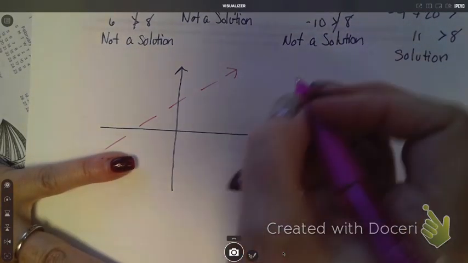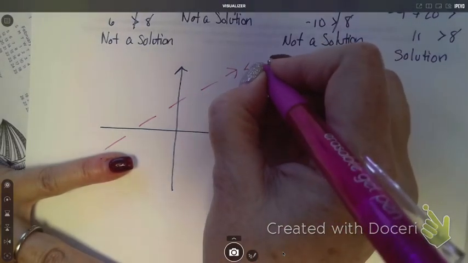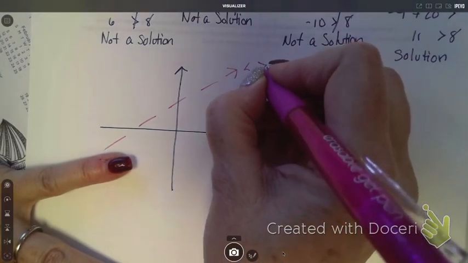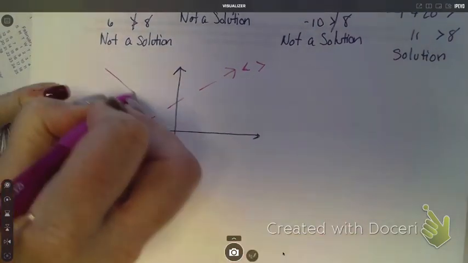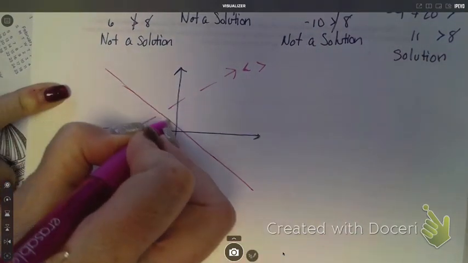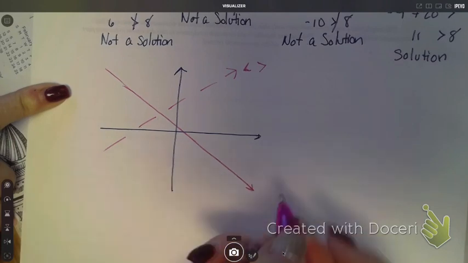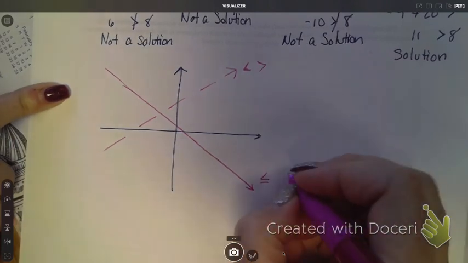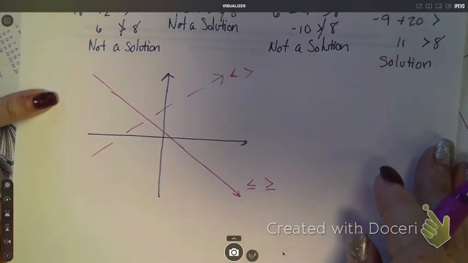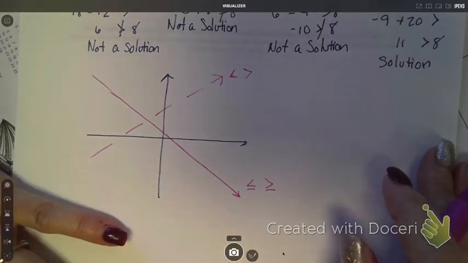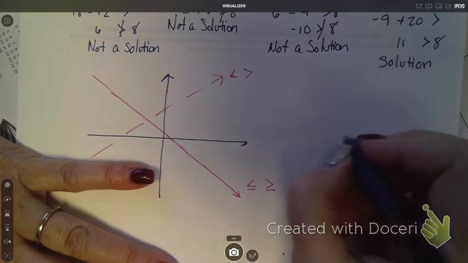This graph right here would be less than or greater than. This line right here would be what? What would be the difference? Greater than or equal to. So this would be less than or equal to, or greater than or equal to. So when we do these, we will shade regions.